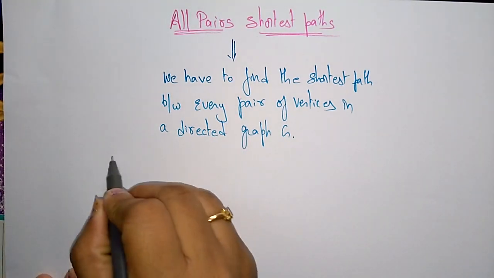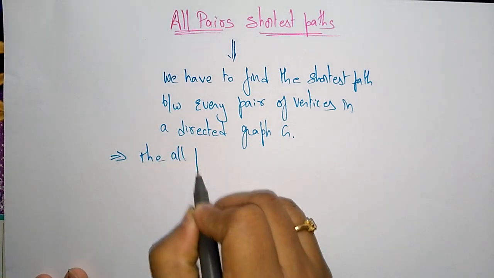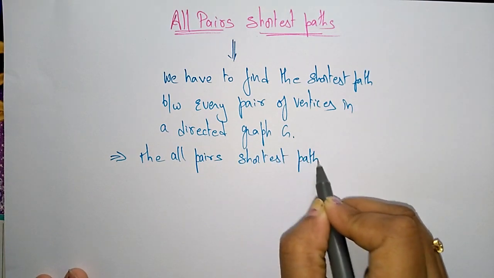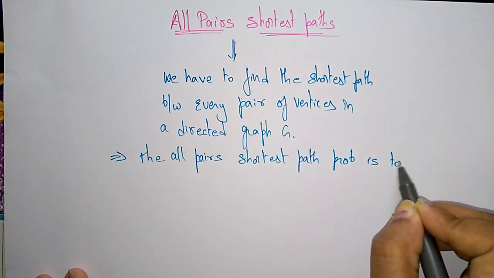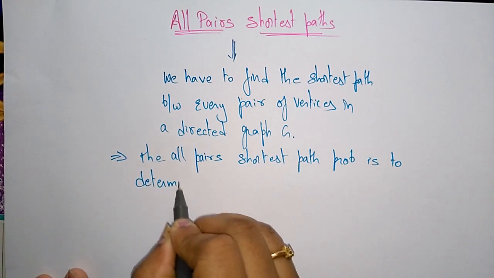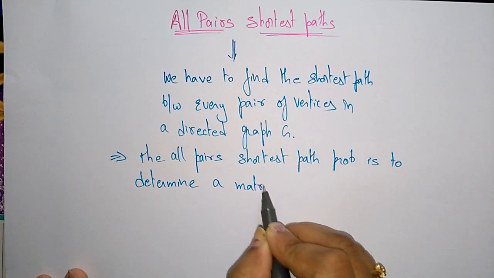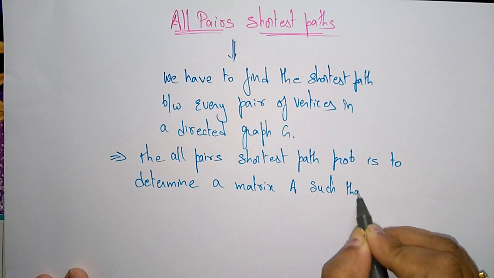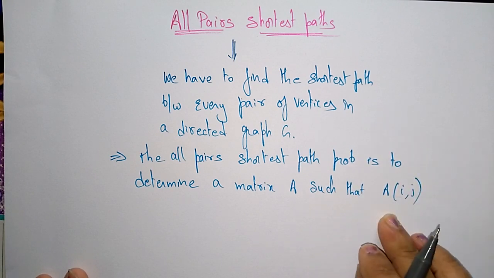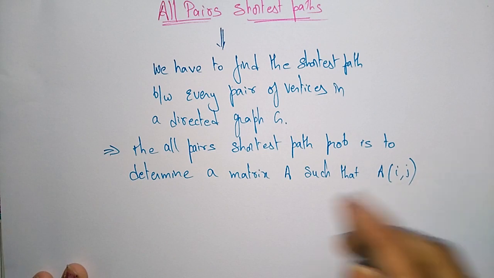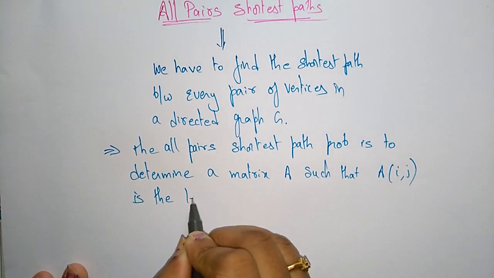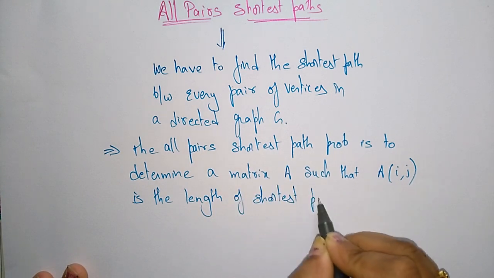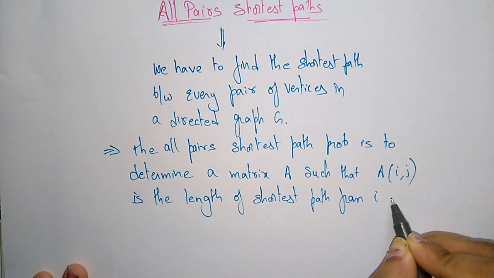So the all pairs shortest path problem is to determine a matrix A. So let us take the matrix A such that A of i comma j, that is the ith row and the jth column, A of i comma j is the length of shortest path from i to j.